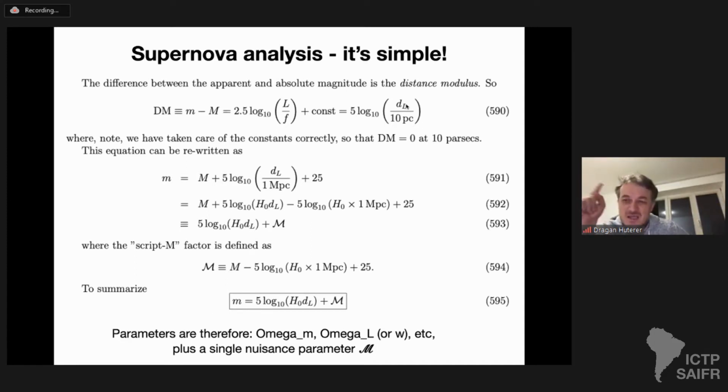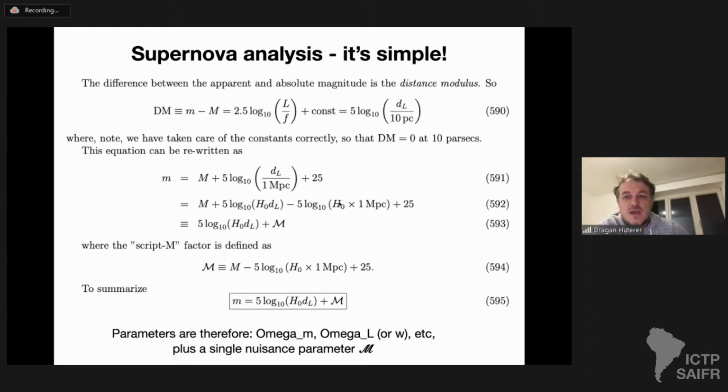But the reason H naught is not the same as all the others is I can add it and subtract it, like here, right? So I can multiply this term by H naught here, so I have a combination that doesn't depend on H naught, and then subtract it here. That's fine, except now, unfortunately, I have two things, capital M and H naught, and I'm only sensitive to their sum. So it's like having A plus B only in your equation.